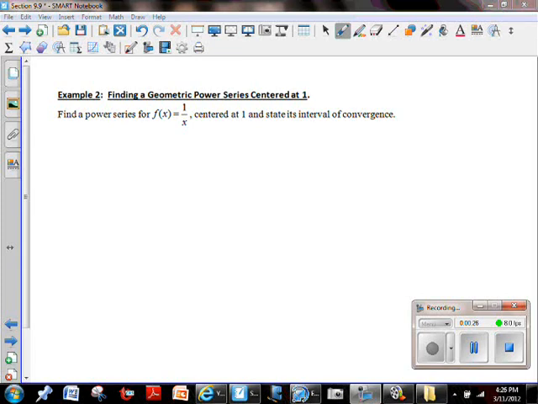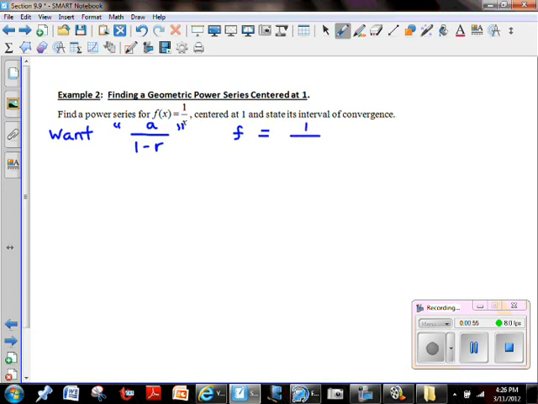And the issue here initially is that what we want, if you recall, is a form that looks something like this, a divided by 1 minus r. We talked a little bit about this in the last video that I did over example 1. At the same time, we want this f of x function to have that centering look at 1.